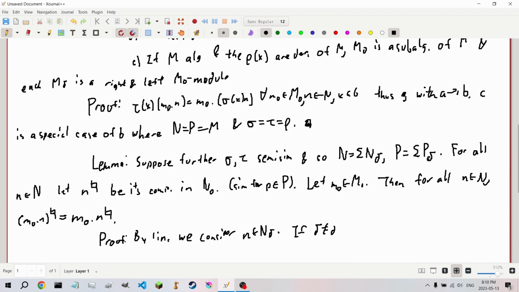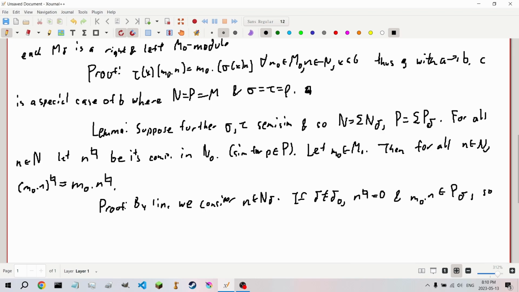If delta is not delta 0, then n natural is 0, and M naught dot n is in P delta, so that M naught dot n natural is just natural.